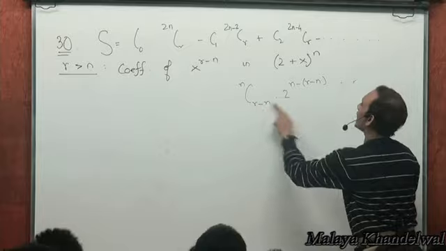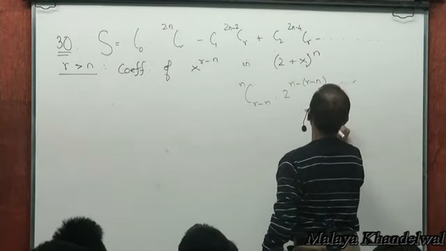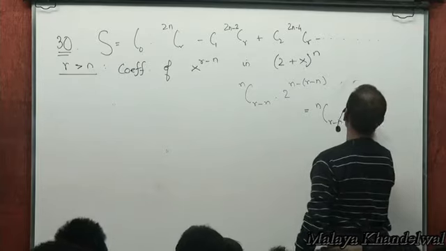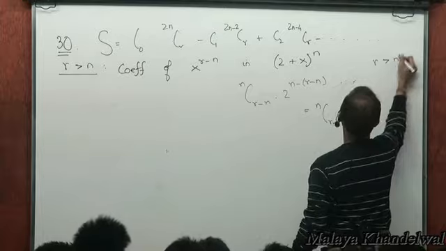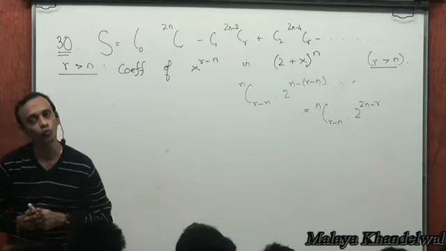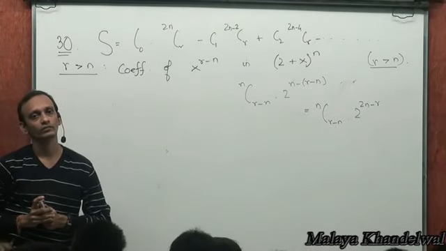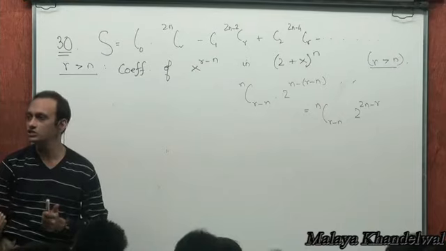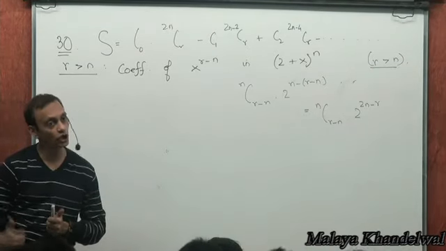So nC(r-n) 2^(2n-r) for r greater than n. For r less than n, we have established that it's going to be 0. Have you all registered this? Sure now?